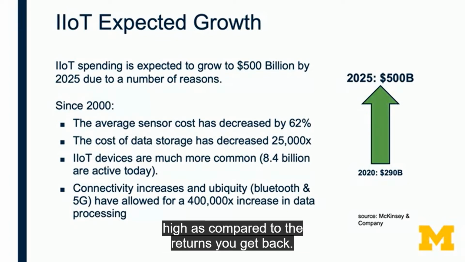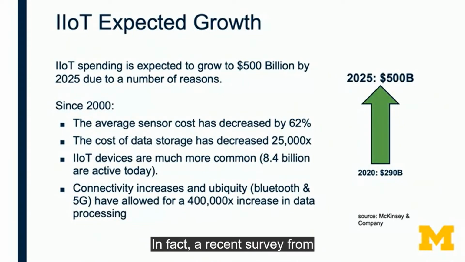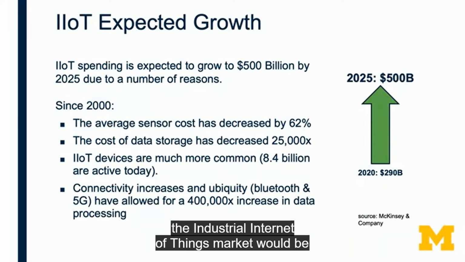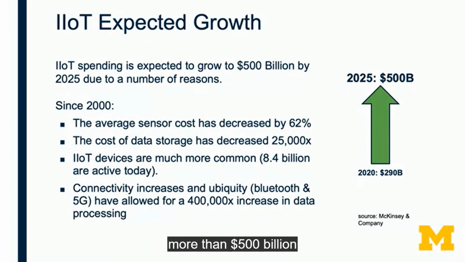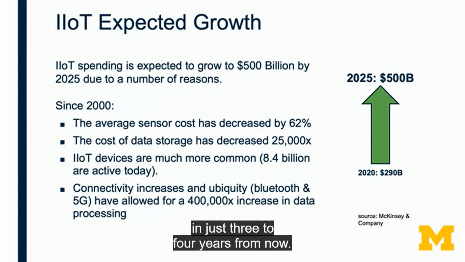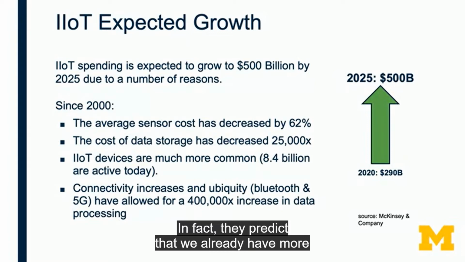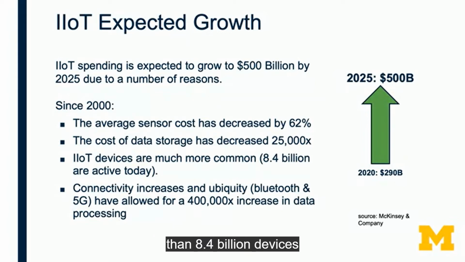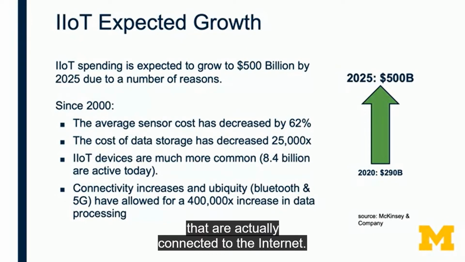In fact, a recent survey from McKinsey & Company predicts that the industrial Internet of Things market would be more than $500 billion in just 3 to 4 years from now. They also note that we already have more than 8.4 billion devices connected to the internet, and this is supposed to further explode.